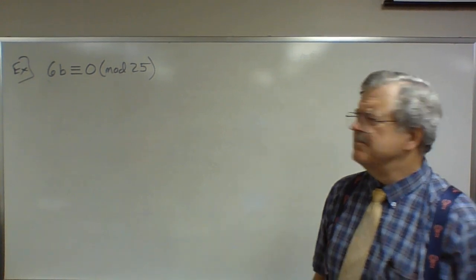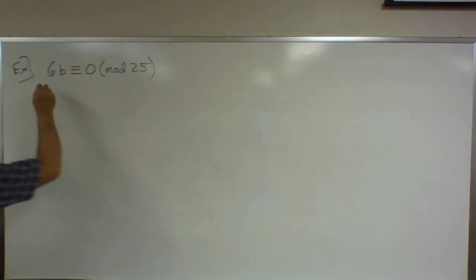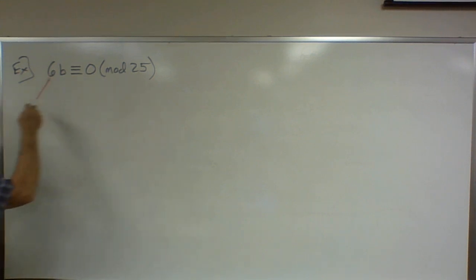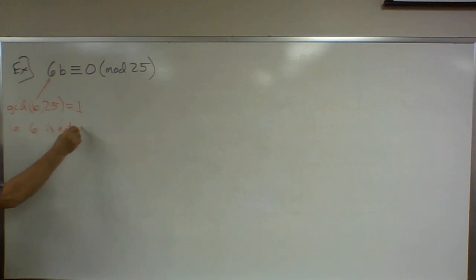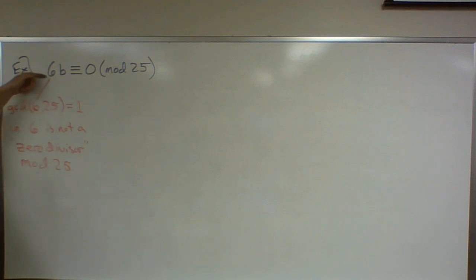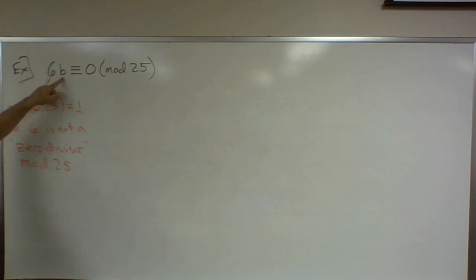What do we make of this one? 6 and 25. The greatest common divisor of 6 and 25 is 1. Another way of saying 6 is not a zero divisor mod 25. So whatever it's multiplied by to give us 0 has to be congruent to 0 mod 25.